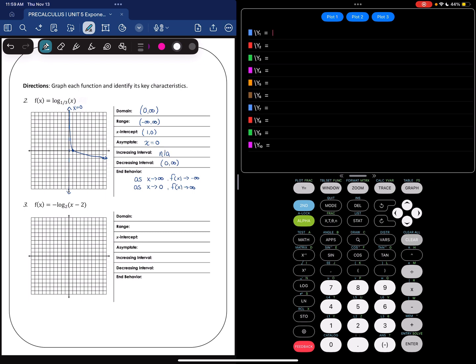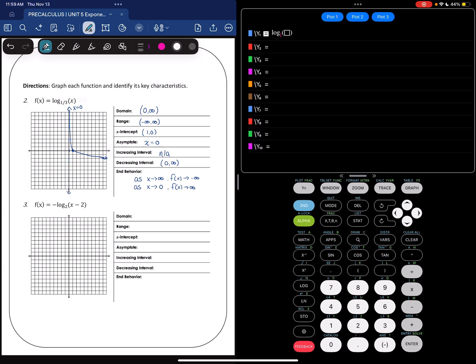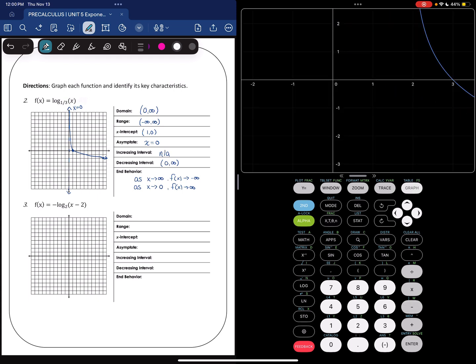Let me just clear this off. Remember, we go math, and it's option A down here, log, where we can edit our base. We're going to have in front a negative, so be aware of that. Negative, log whose base is 2, and then it is of x minus 2.